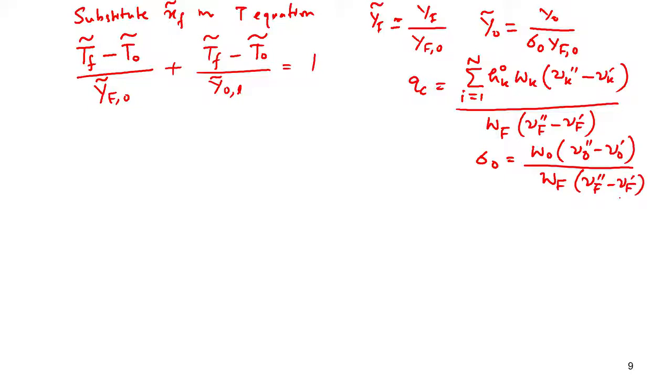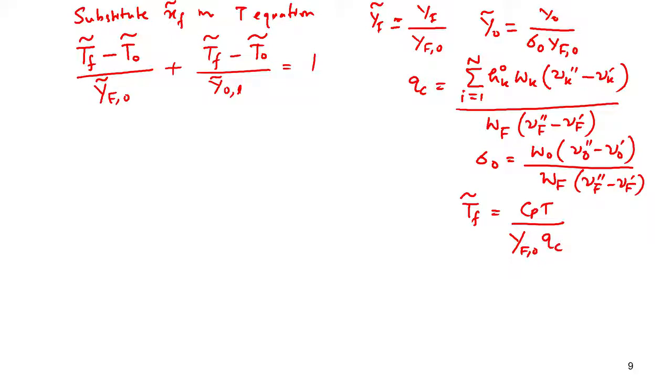If you now substitute all these things here, what you will get is, by the way, the Tf tilde is given by Cp T divided by yf0 qc.